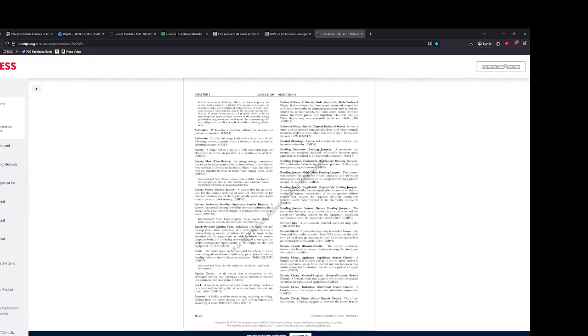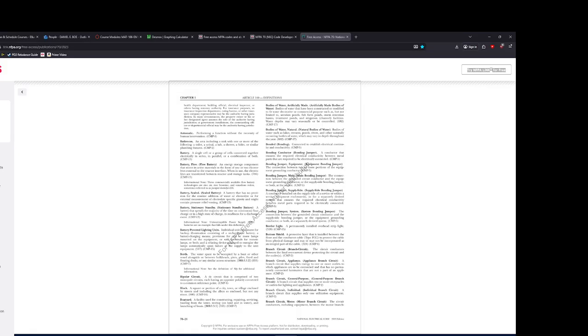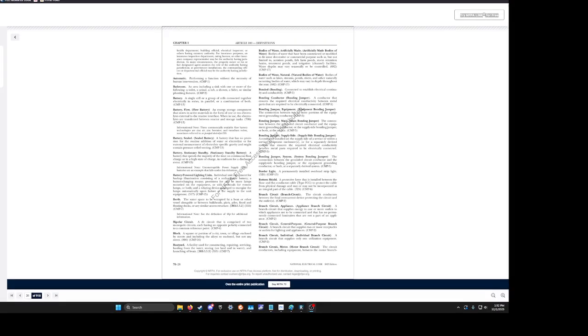And then just across goes over to bonded/bonding, bonding conductor/jumper, equipment bonding jumper, main bonding jumper, supply side bonding jumper, system bonding jumper, and branch circuit. Now, I am not aware if there are more that we highlighted under branch circuit.